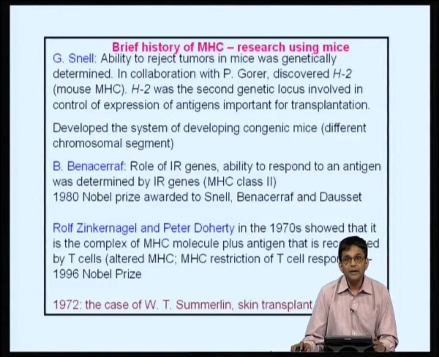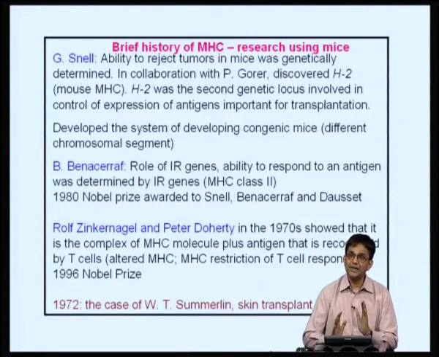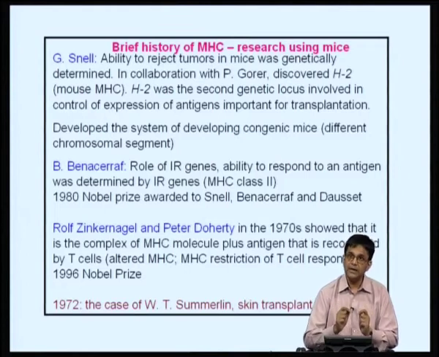George Snell is mainly known for his development of congenic mice. What he developed were strains of mice that were genetically identical except for one locus, and in this case it was MHC, because he used the breedings and the assay system using the tumor acceptance and rejection system to develop these congenic lines.